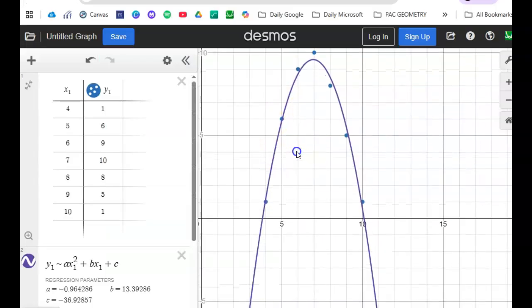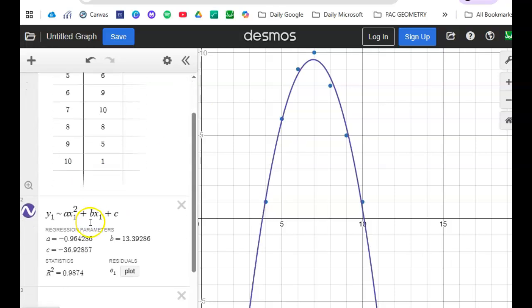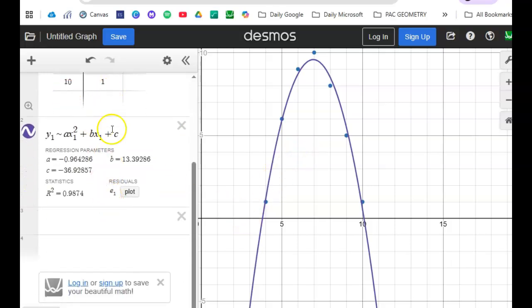Okay, why is the formula not y equals mx plus b? It's not a line. It's not linear. What is this called? Quadratic. Good job. So when you do the regression line, what is a regression line? Is it the actual graph?